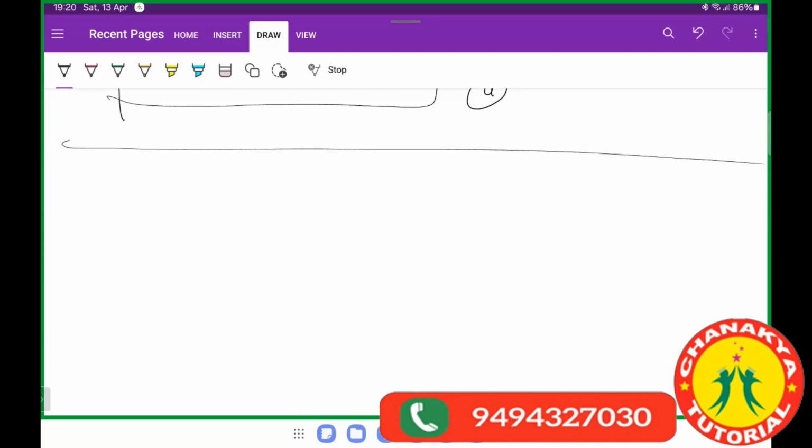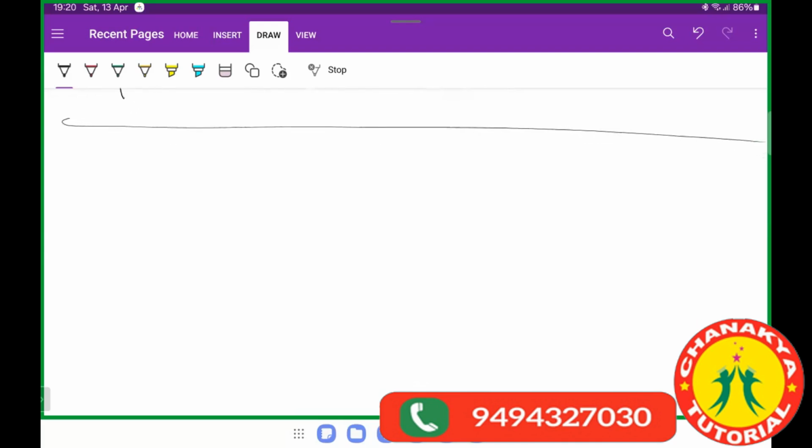So when can force be maximum? When dF by dq will be 0. That's it. Over. That question is done. So third question, F equals k q (4 minus q) by r square.